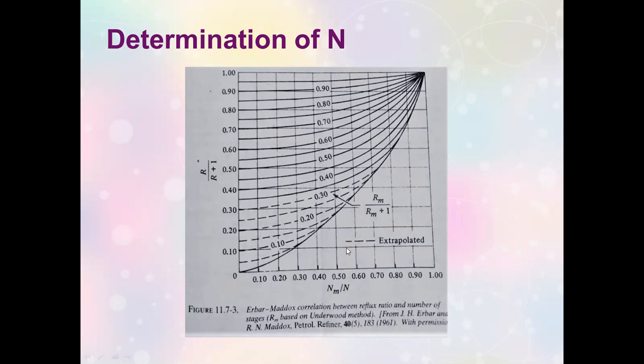But still, that does not answer the theoretical number of stages yet, because the value that you're getting here is not the raw value. Meaning it's not yet the N, but rather simply the ratio of N minimum to N. Now, if you determine the N minimum using the equilibrium curve, you have to have the equilibrium curve given the mole fraction of the distillate and the bottoms liquid.